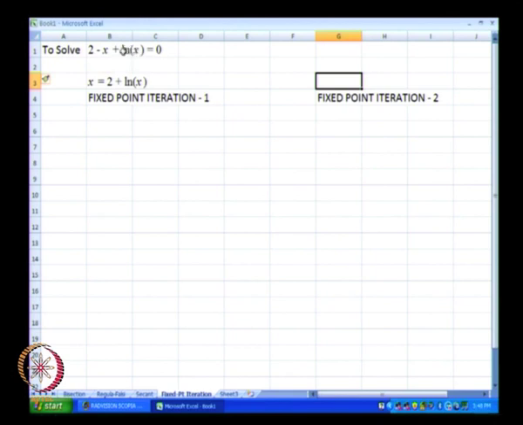So ln of x is going to be equal to x minus 2. We have taken x minus 2 on to the right hand side, and now we take an exponent, and that will give us x equal to e to the power x minus 2.